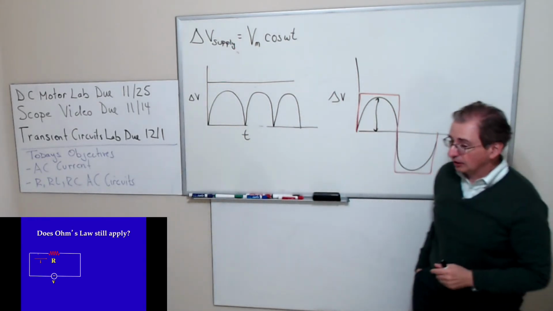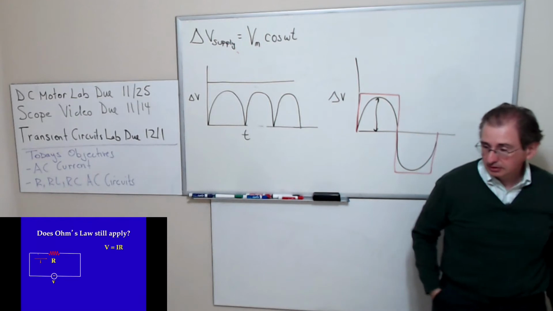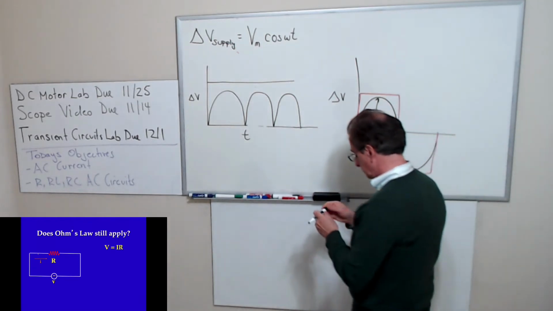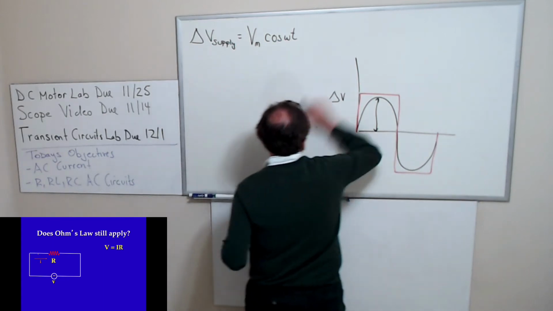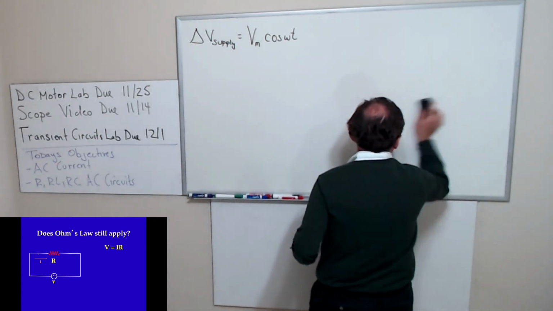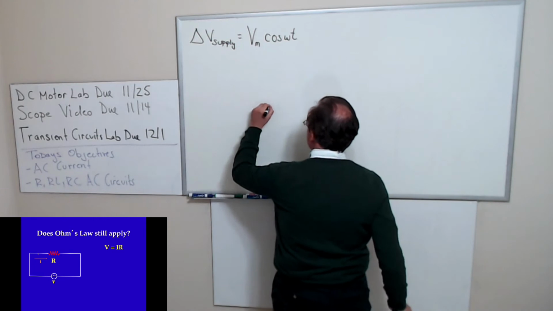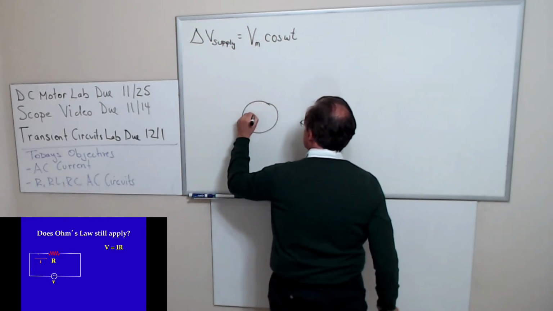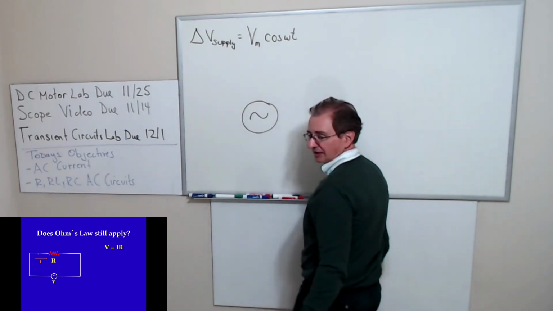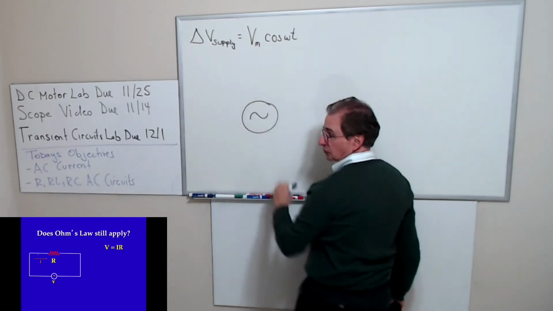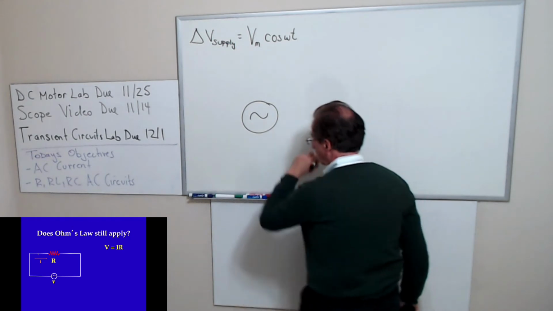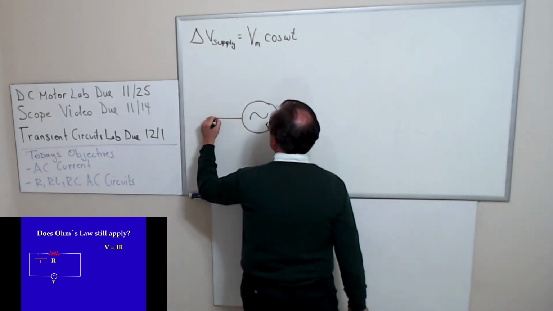So we want to take a look at how this applies. So we have a power supply, and this will be our symbol for the alternating current power supply where it alternates sinusoidally. So we're driving with a sinusoidal signal.